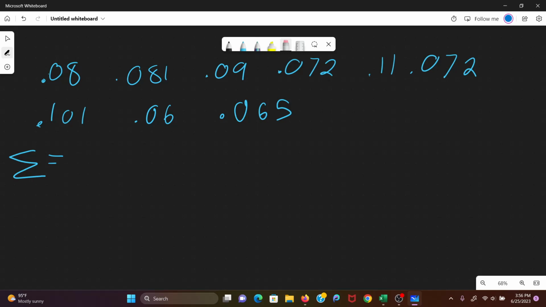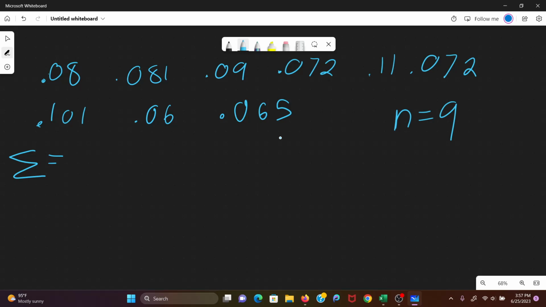So I'm starting with the denominator, which is going to be sum all of these and divide by n. N in this case is 1, 2, 3, 4, 5, 6, 7, 8, 9. N is 9, and n is going to equal 9 for all of these.